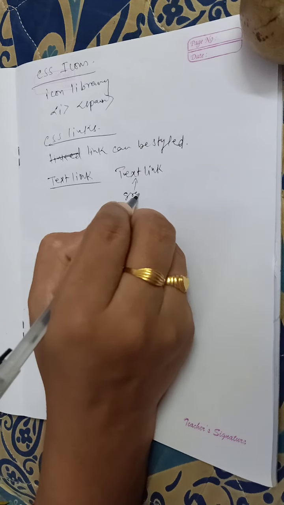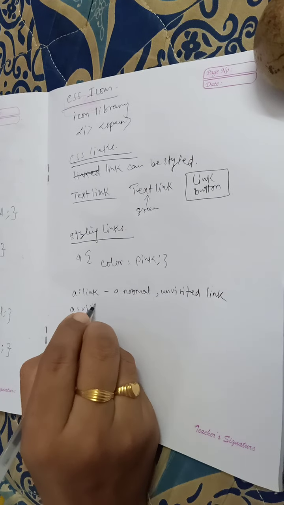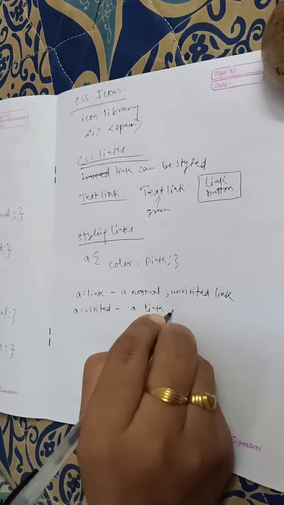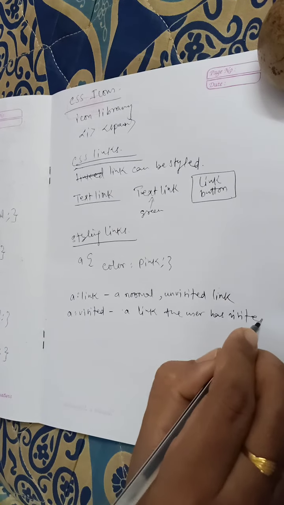In addition, links can be styled differently depending on what state they are in. The four link states are: when we are writing a link only, that means a normal unvisited link. Visited means a link a user has already visited.